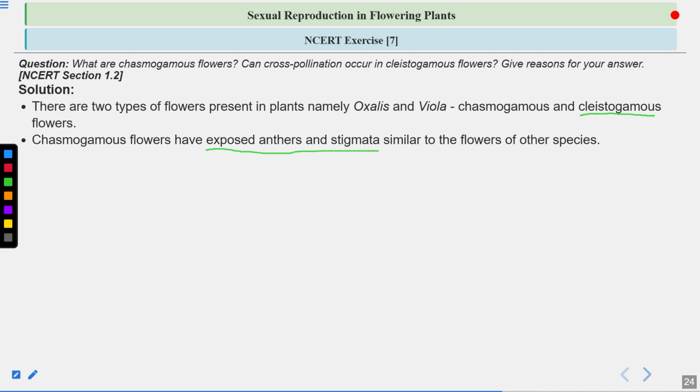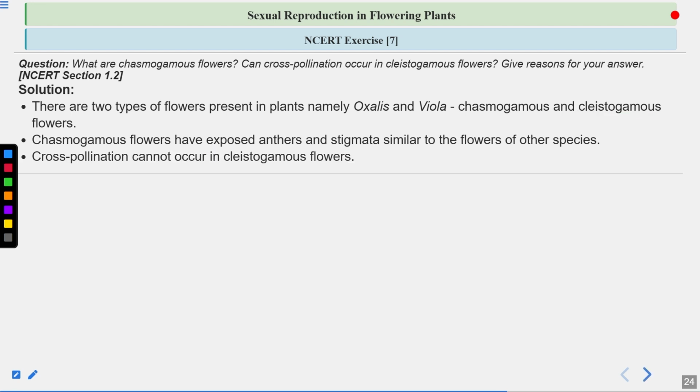They do not open, so their anthers and stigma are not exposed, right? So cross pollination cannot occur in the cleistogamous flower. So this was the answer to the second question. Can cross pollination occur in the cleistogamous flower? No, there cannot be cross pollination in the cleistogamous flower.